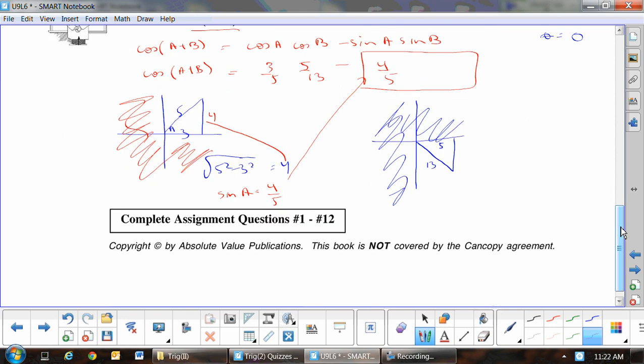So to do that, I would go square root 13 squared minus 5 squared, and I get 12. So then you put 12 here. So what is sine B? So sine B equals 12 over 13.